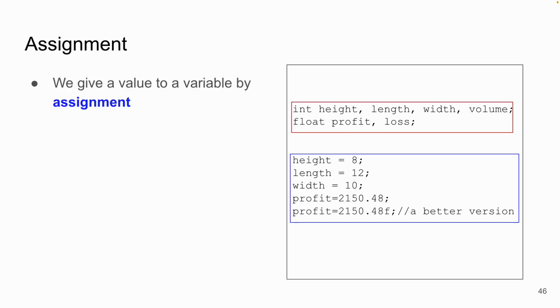That type is called the double type, but we will introduce the double type in a later lesson. For now, we only introduce the float type. And to tell C that this value is a float type, not a double type, one way to do that is to add F at the end of the floating point number.